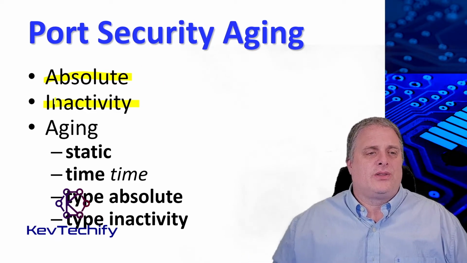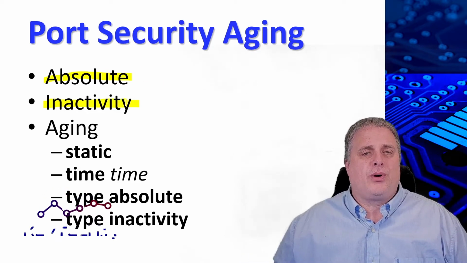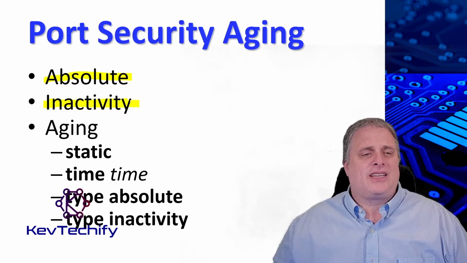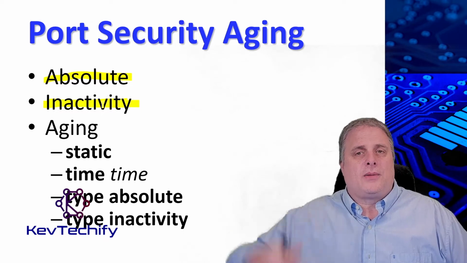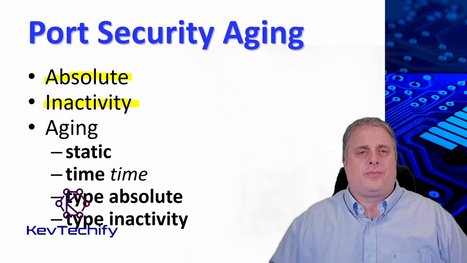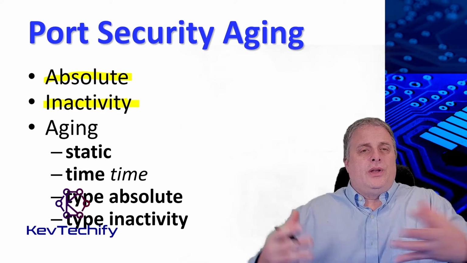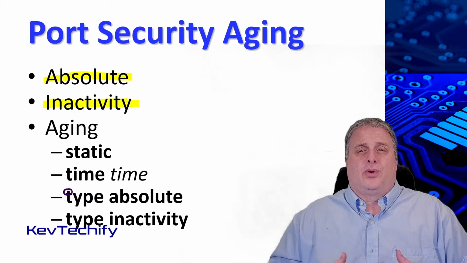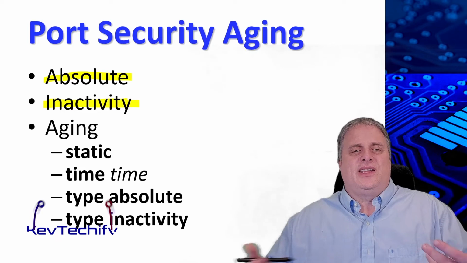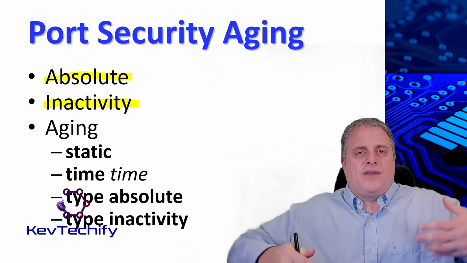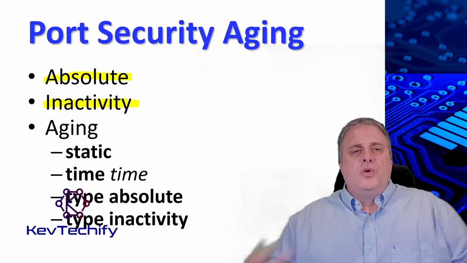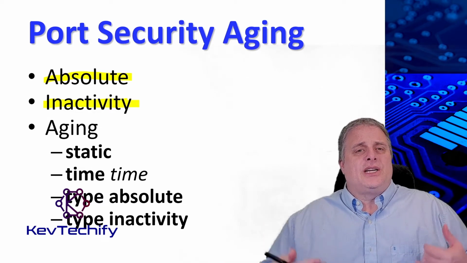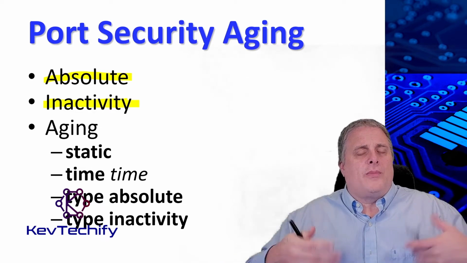Inactivity waits until there's no activity going across the port, and then we specify a time, and after that time, that MAC address is deleted from that port. What we do here is we use aging to remove secure MAC addresses on a secure port without manually deleting them. Normally, you'd have to manually go in there and remove those secure MAC addresses, but we can use aging to automatically delete those.